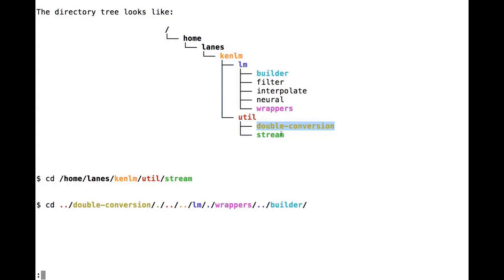The parent of double conversion is util. Thus, ../double conversion/.. refers to the red node in the tree, whose absolute path is /home/lanes/kenlm/util.